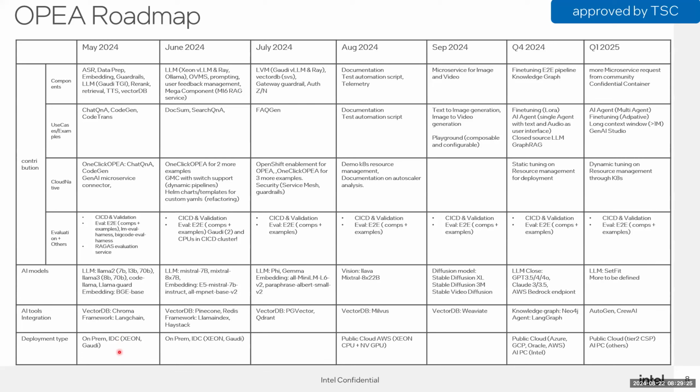So Intel CPU and Intel AI accelerator Gaudi were in the scope. Nevertheless, since August, we've been supporting the most popular use case at the CSPs like AWS. So Intel Xeon plus NVIDIA GPU instance, the most popular instance is covered at OPEA scope.